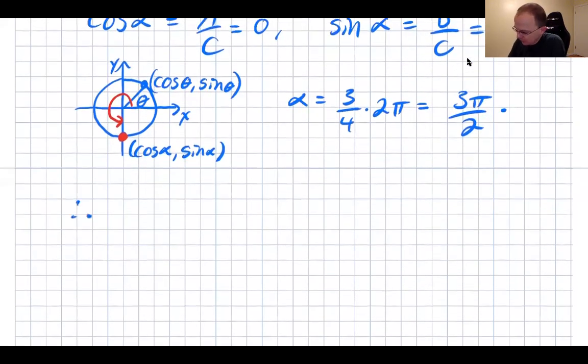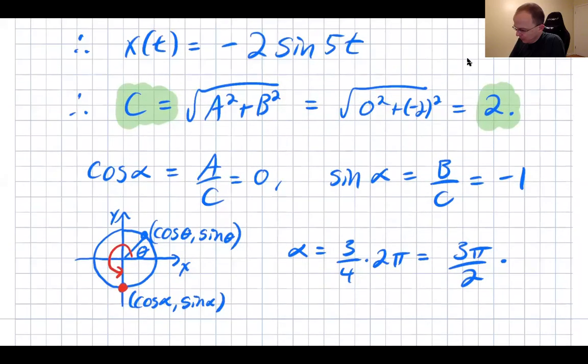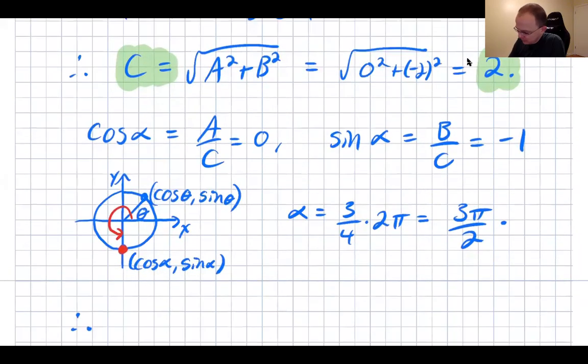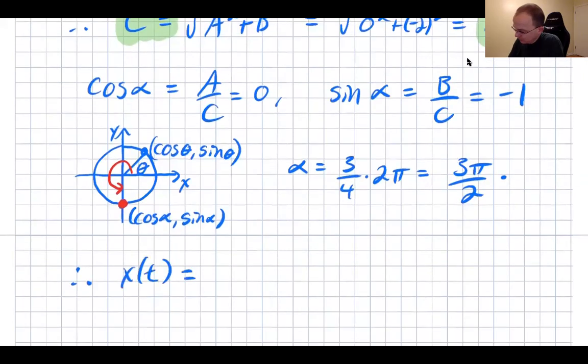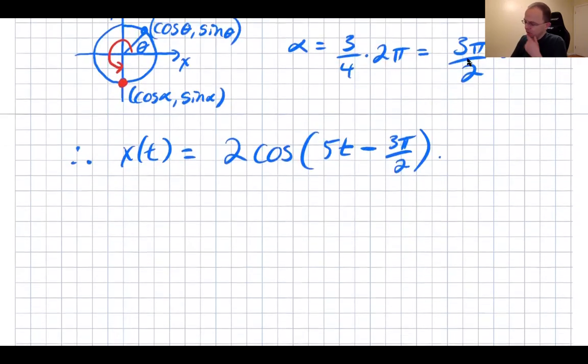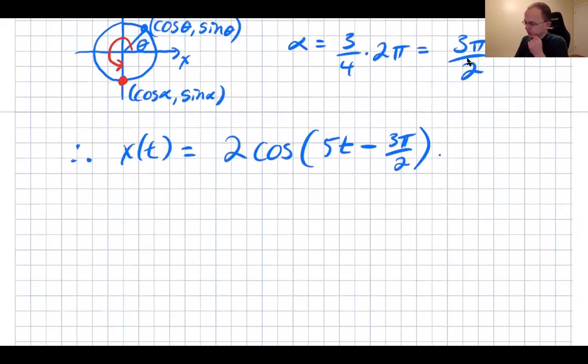And so therefore, x of t is going to be 2 cosine of 5t, omega naught was 5, and then minus alpha, which is 3 pi over 2. So that is our final solution.